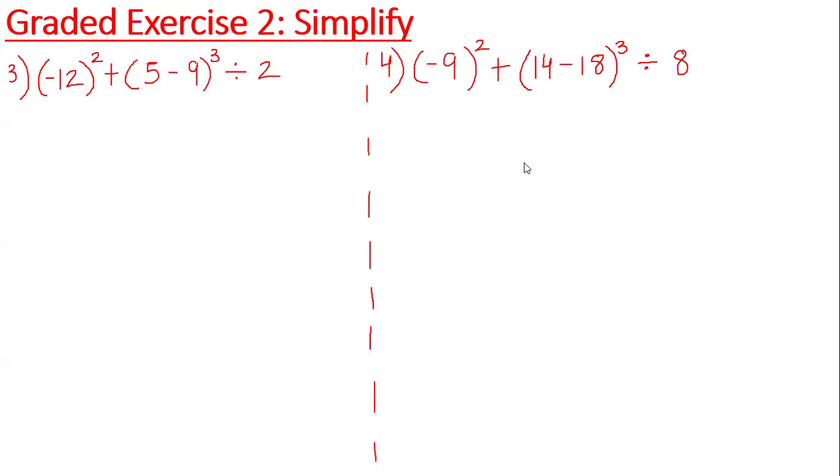What y'all got for number 3? 176. I get 112. I have 112. Oh, 112. Okay. 176. Oh, I got 176. I don't know how, but I got it. They put my answers in. Okay.